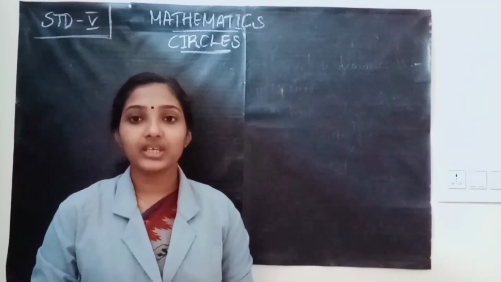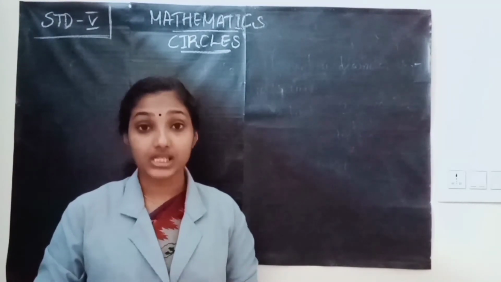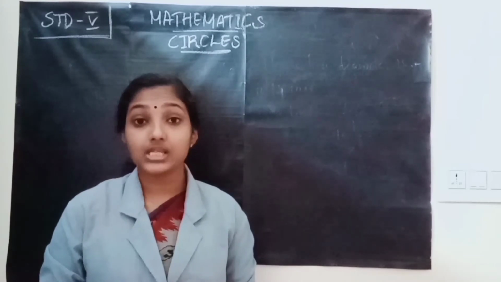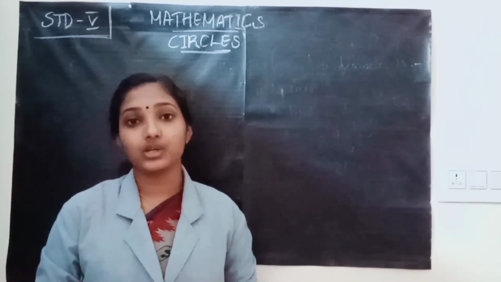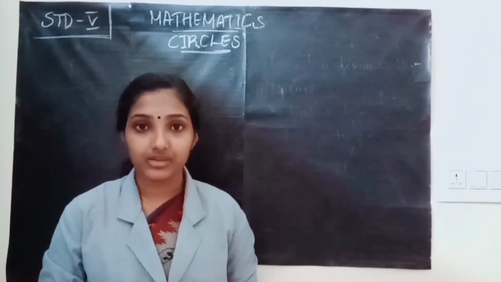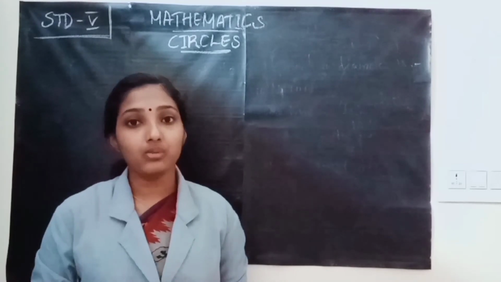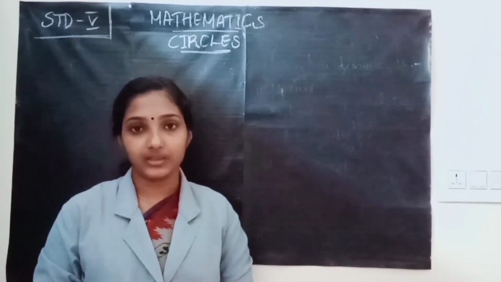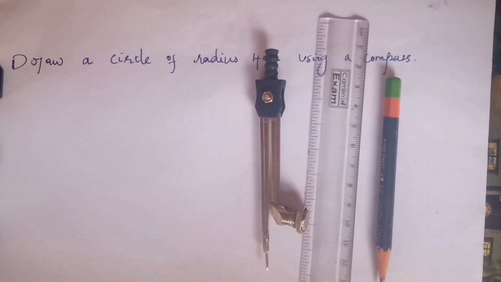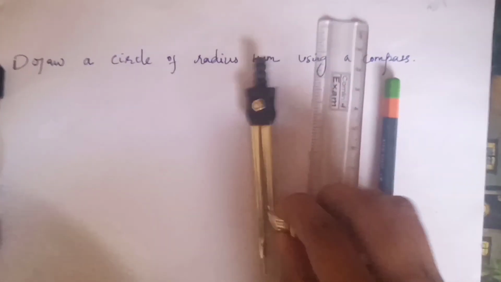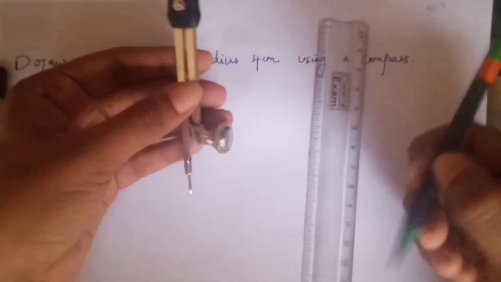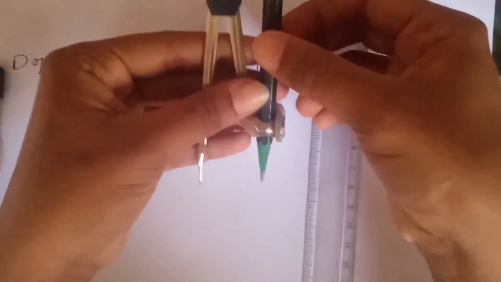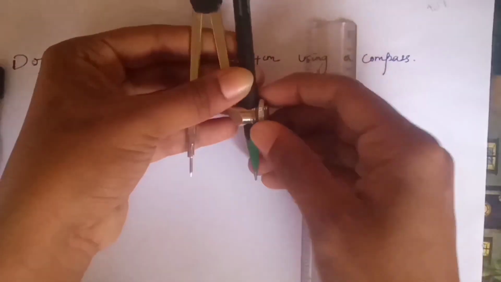Now let's study how to draw a circle. We use a compass and a scale to draw a circle of a given radius. To draw the circle, take a compass and fix a pencil in the compass. Make sure that the pencil is very tight.